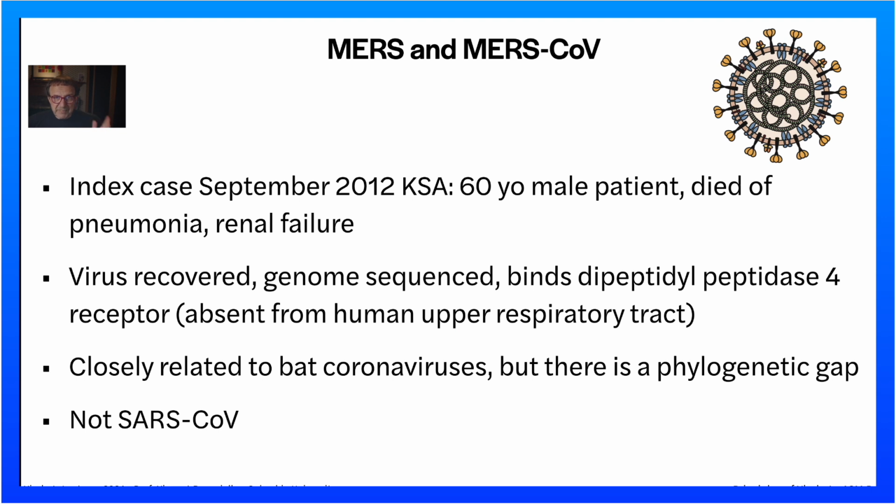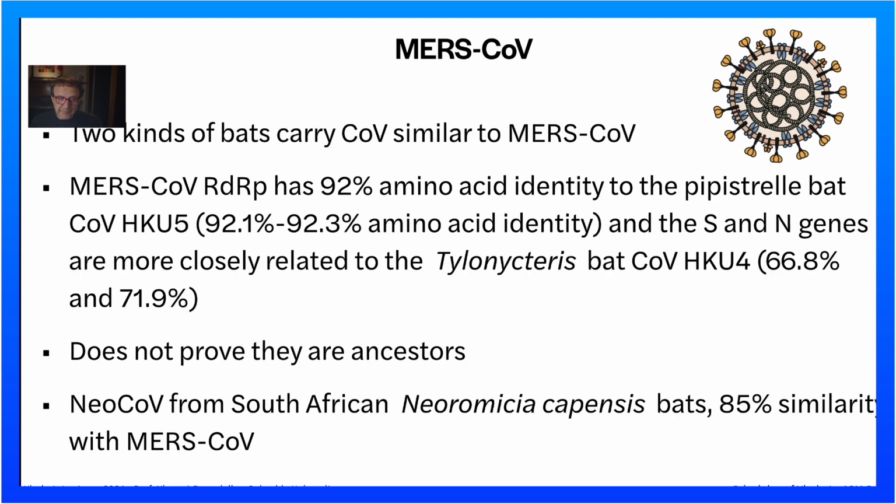So this virus was rapidly identified, sequenced, and found to be closely related to bat coronaviruses, although there is a phylogenetic gap. This we'll see in a moment what I mean. And it's not SARS-CoV. It's distant from SARS-CoV. It's a different virus because, of course, as soon as they saw it was a coronavirus, people started to worry, but it's not SARS-CoV.